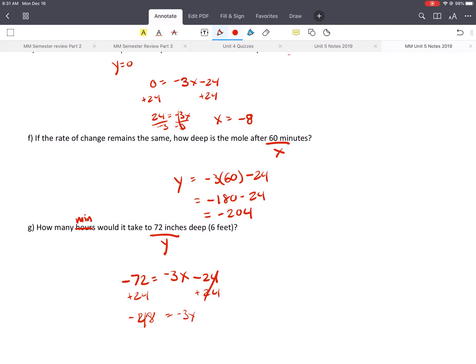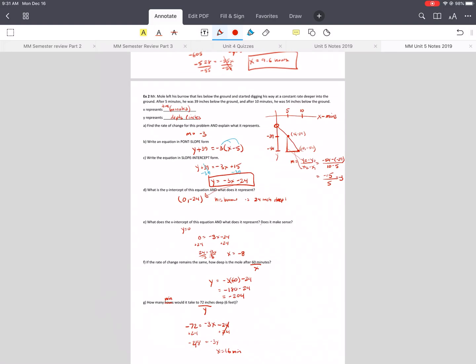And then we'll divide that by -3, gives you x equals 16. X is 16 minutes. Okay? So it takes him 16 minutes to dig 72 inches, which is kind of impressive. Okay? So anyways, if you have any questions, let me know. We'll see you later.